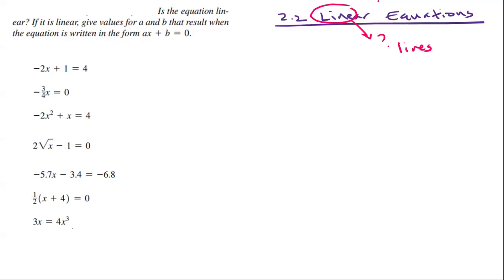Lines that correspond to slopes, right? So you can have four types of slopes. You can have this kind of slope or this kind of line, this kind or this kind.